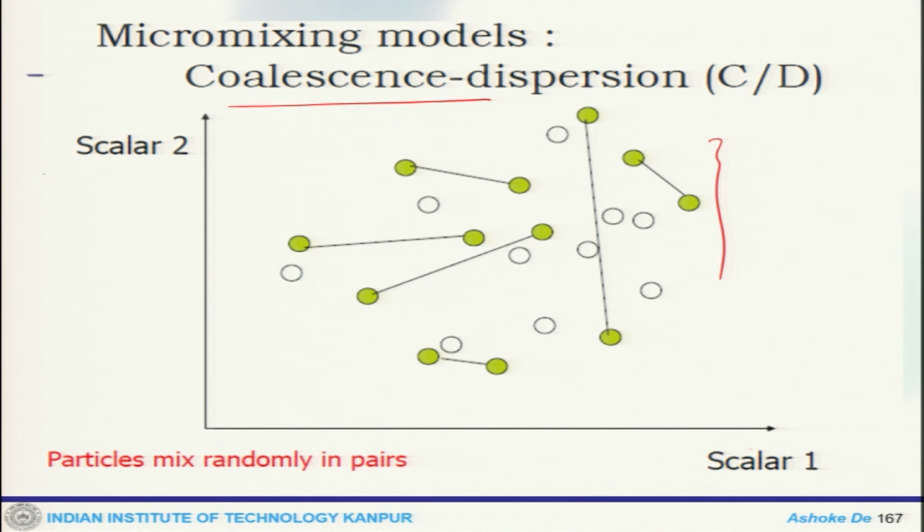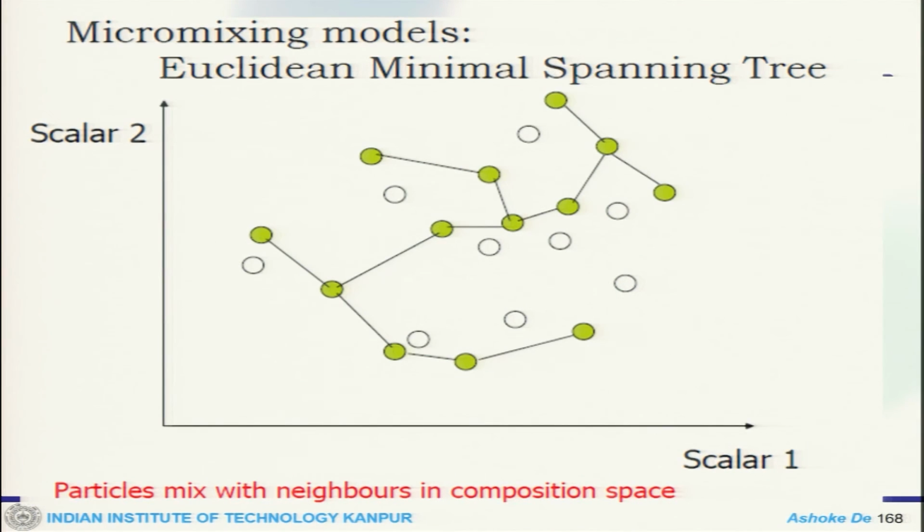One can look at the impact of these different kinds of mixing models on the results, but that requires quite a bit of work. The one which is quite advanced and accurate is EMST, which is called Euclidean minimal spanning tree.